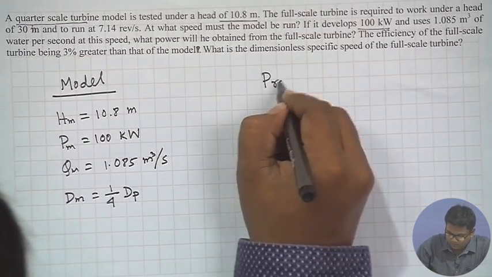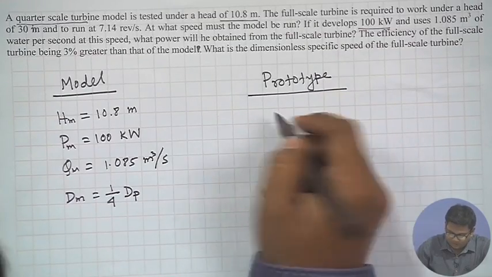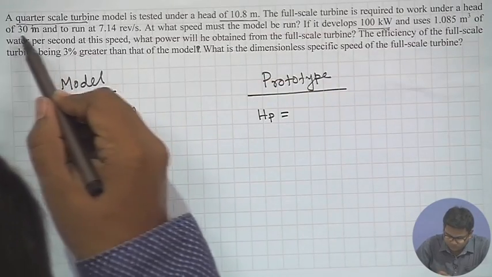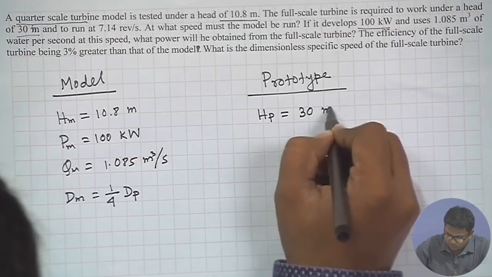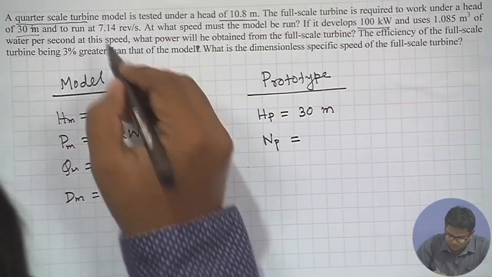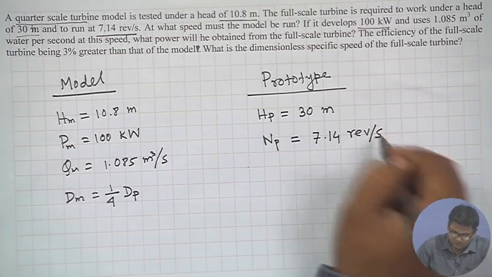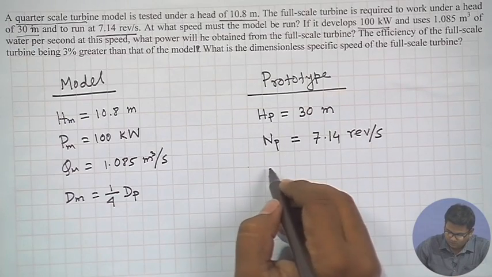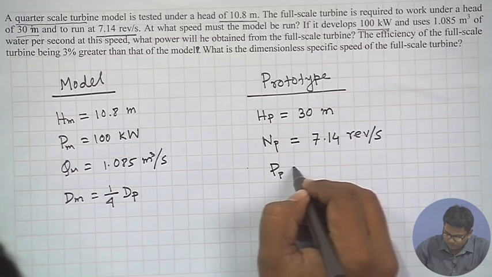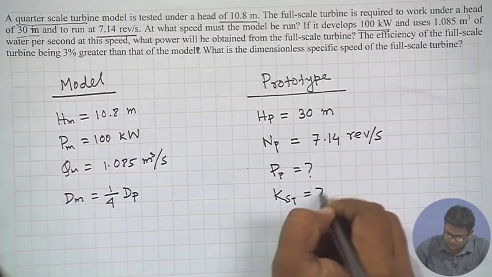Now for the prototype turbine, the head is specified as 30 meter and the speed of the prototype turbine is given as 7.14 revolutions per second. Important quantities of interest are power of the prototype turbine, and the dimensionless specific speed.